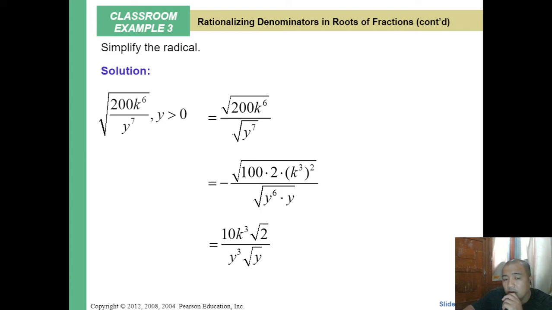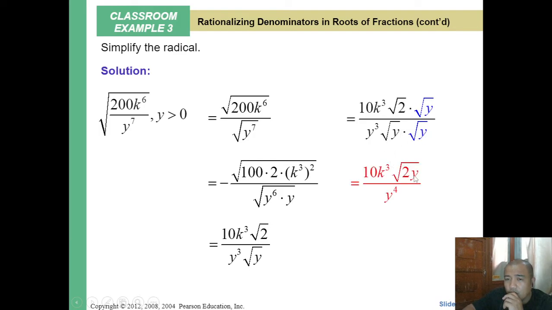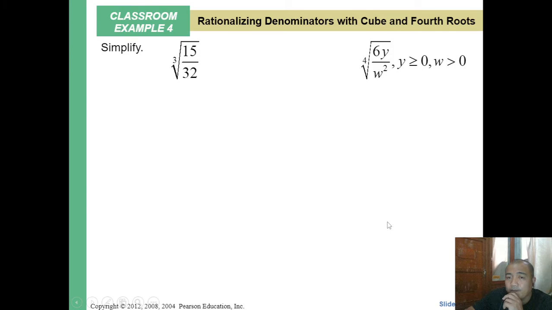But there is still a radical in the denominator. So we rationalize by multiplying the numerator and the denominator by square root of y over square root of y. So the answer is 10 k cubed square root of 2y over y to the 4th. Where did we get 4? Because square root of y times square root of y is y, so y cubed times y is y to the 4th.